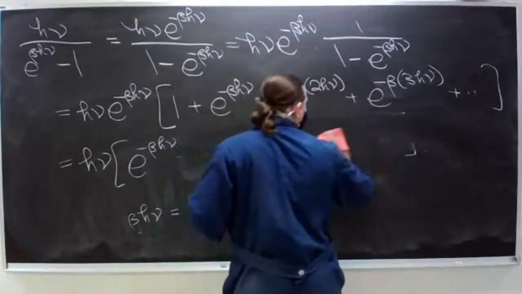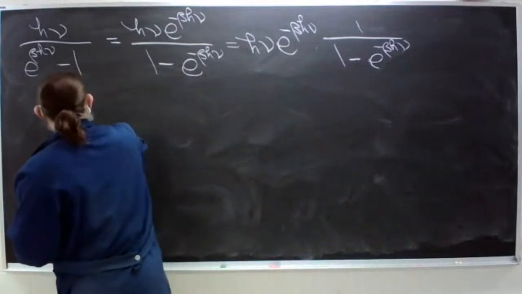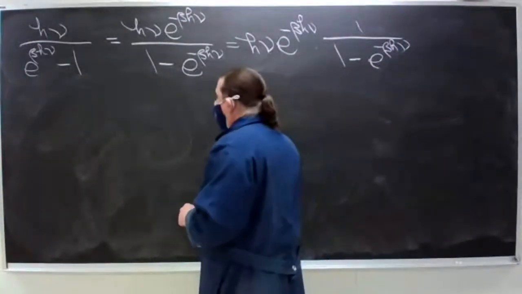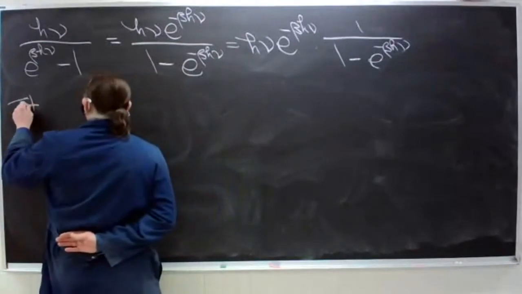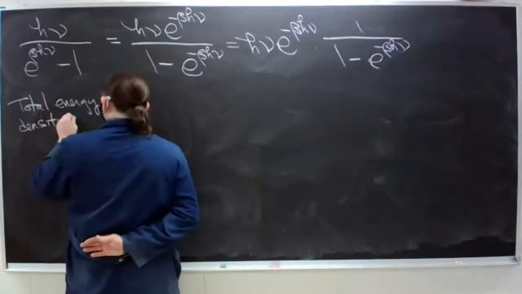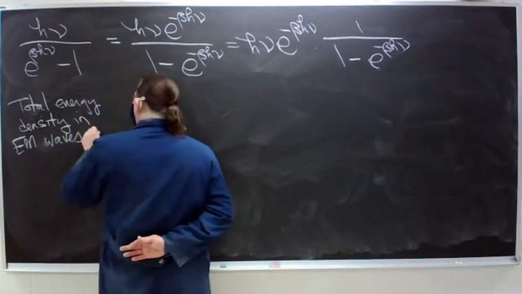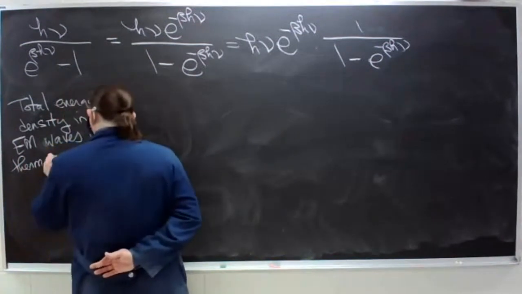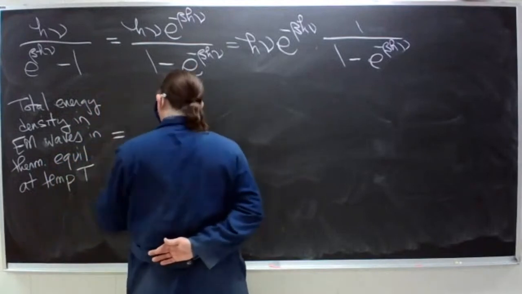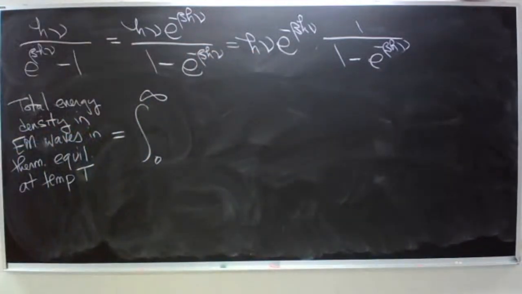So now let's find out how much energy the electromagnetic field holds in thermal equilibrium at temperature T. So I'm going to integrate over frequency from 0 to infinity.